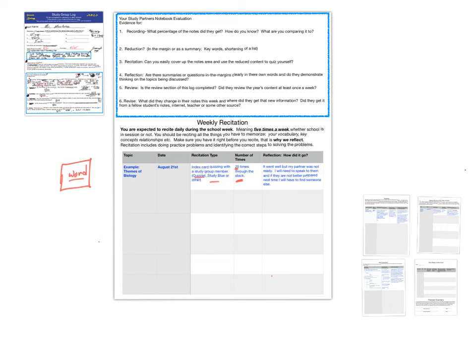But say on August 21st, which was the first day of the week, you did that, and then August 22nd, you used your index cards. And every day you might add to your index cards because you're getting new vocabulary words or a new idea, or a new diagram. You have more cards, so you couldn't do it as many times, so this time you did it 10 times.